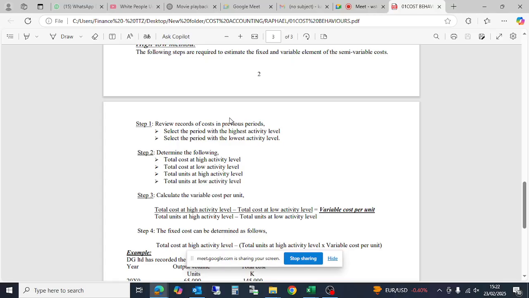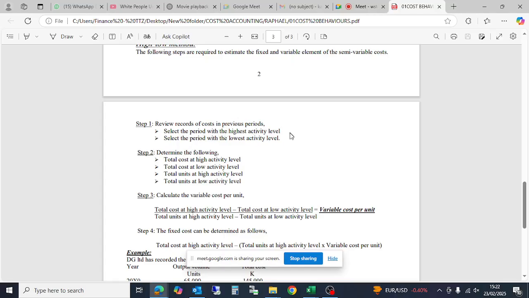By the way, when you talk about activity level, we're looking at production, units. I've practically told you the steps, because we compare the highest and the lowest in terms of cost and production, and then divide the differences to find the variable cost.